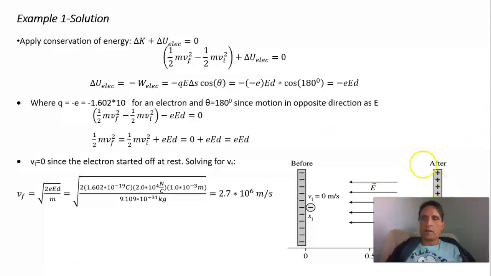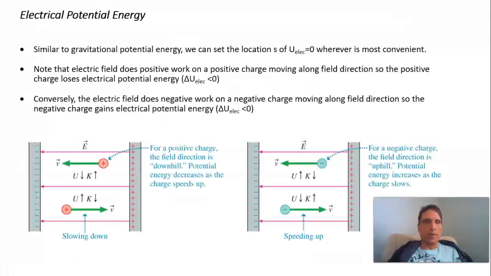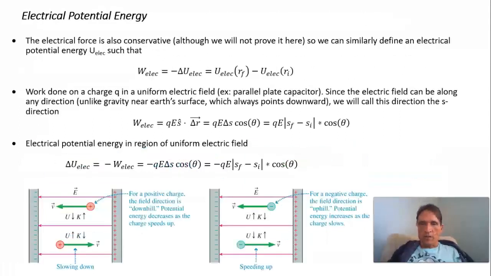Okay, so the easiest way for me to remember, just looking at the picture, is that if a charge is moving in the direction that it wants to go, in other words, a negative charge wants to go to the positive plate, it's going to lose potential energy and it's going to gain kinetic energy. If it's going in the direction that it doesn't want to go, here's an example: an electron going from the positive plate to the negative plate.